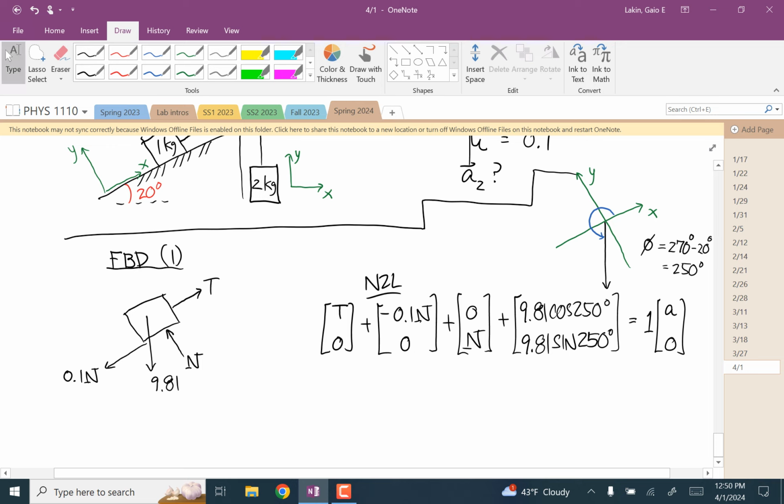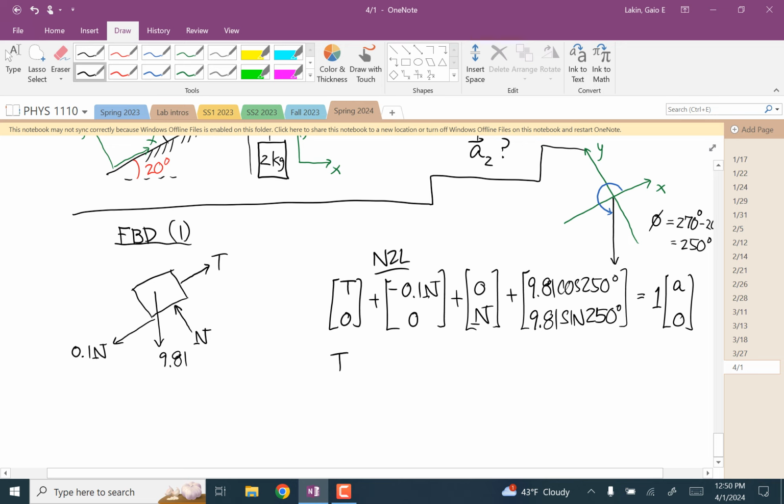So this comes out to be T minus 0.1 N minus 3.36 is equal to a.